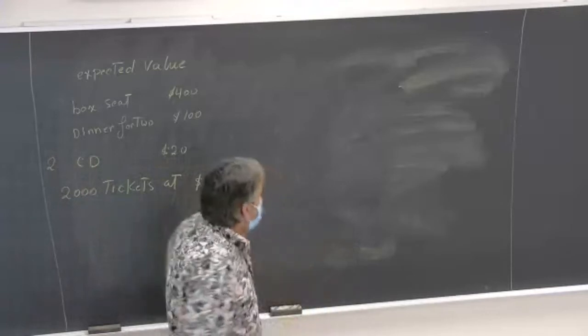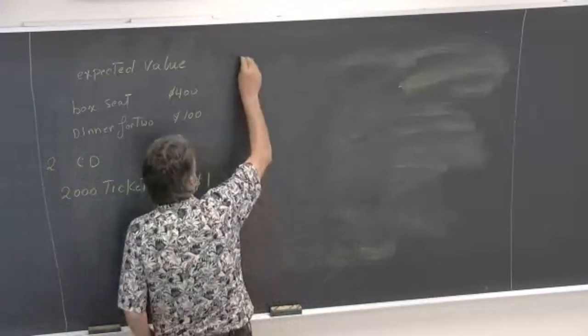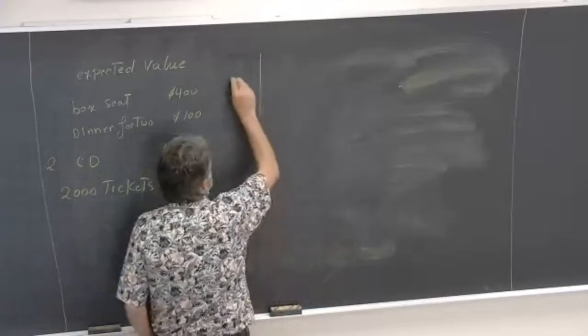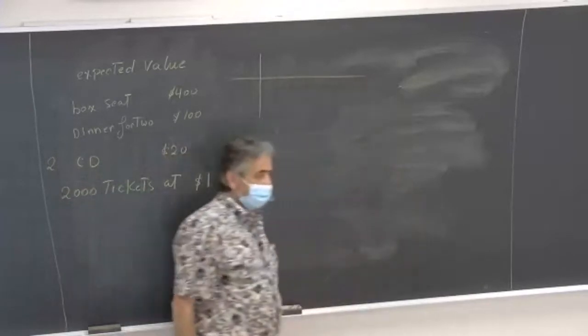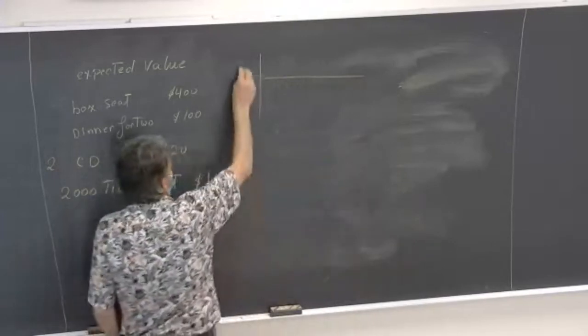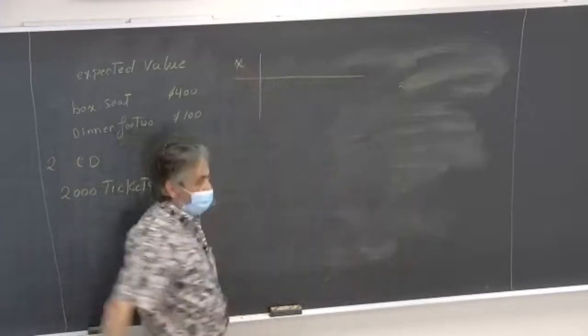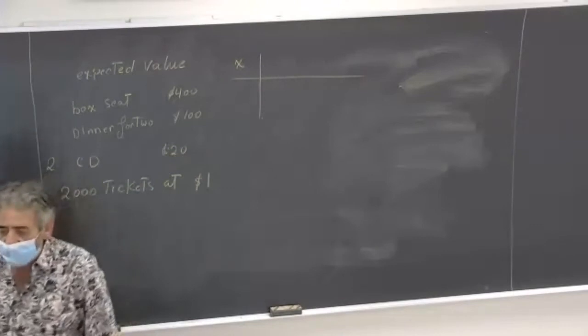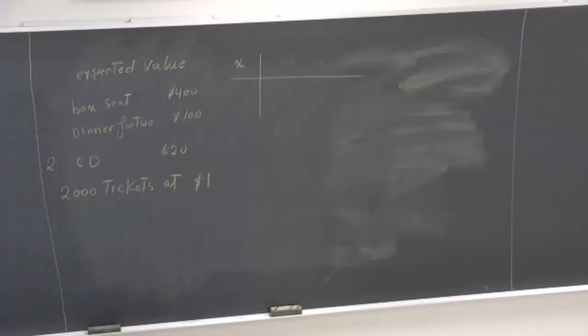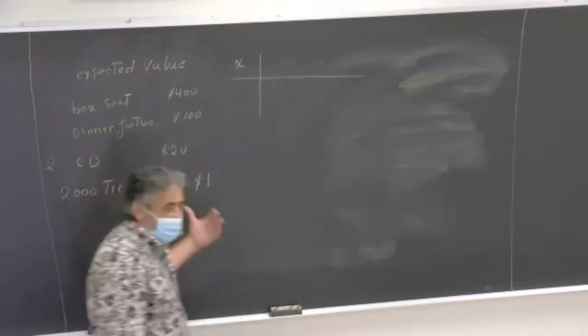To make that probability distribution table, we need to look at all the possible outcomes from buying one ticket. When you buy one ticket X, we need to know the value of that X. You could either win or lose. But if you win, you have several options.